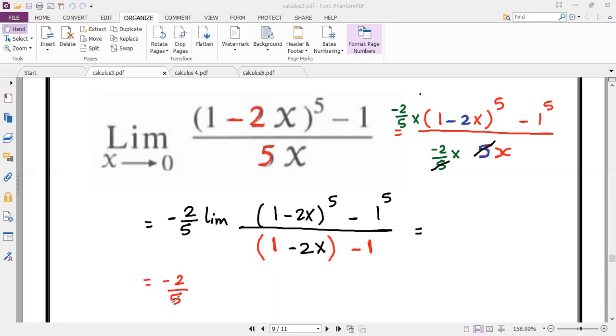It will be, write the negative 2 over 5 as it is. It will be the power divided by the power. The power is 5 divided by 1. Then take the value after the negative, which is 1. Then subtract powers. It will be 4. So that is going to be negative 2 over 5 multiplied by 5, and 1 to the power of 4 is 1.